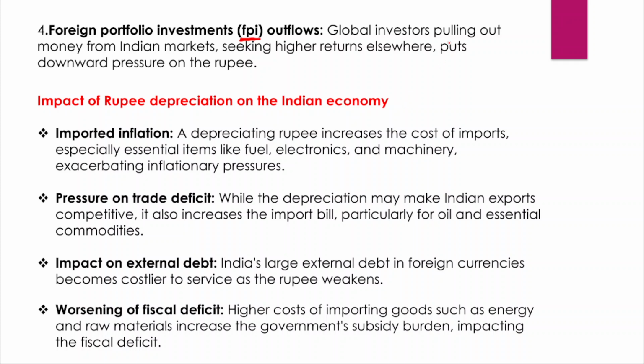So global investors are also pulling out money from the Indian markets. Why do they pull money from the Indian markets? Because they are expecting better returns from other markets in different parts of the world, and because of that reason, they're pulling out money from the Indian markets. And it also further increased pressure on the Indian rupee.